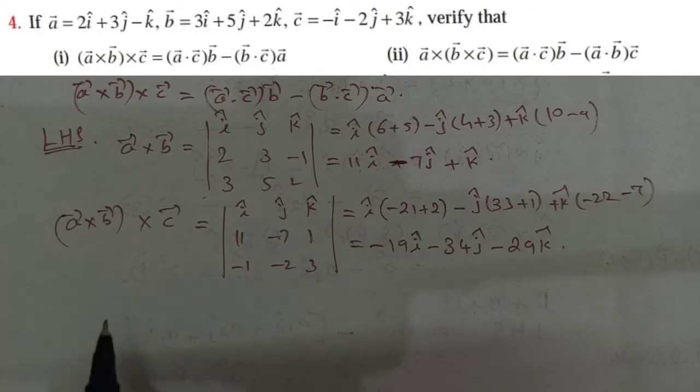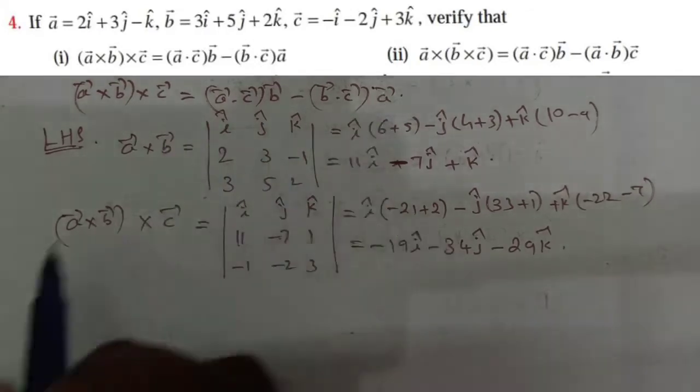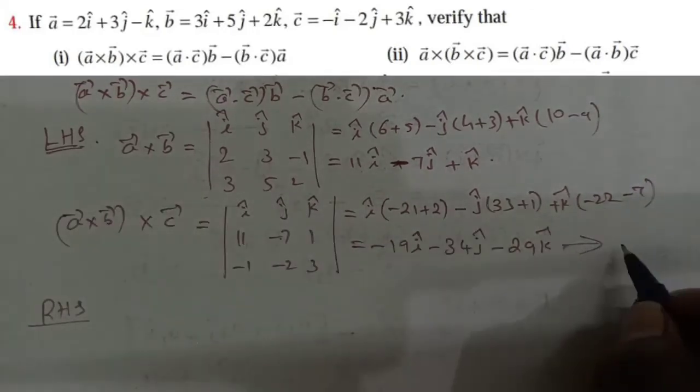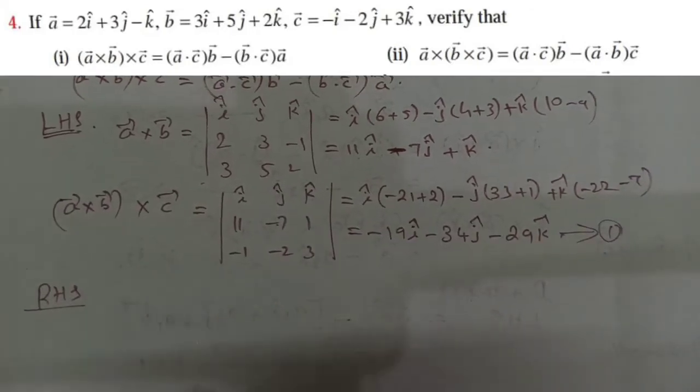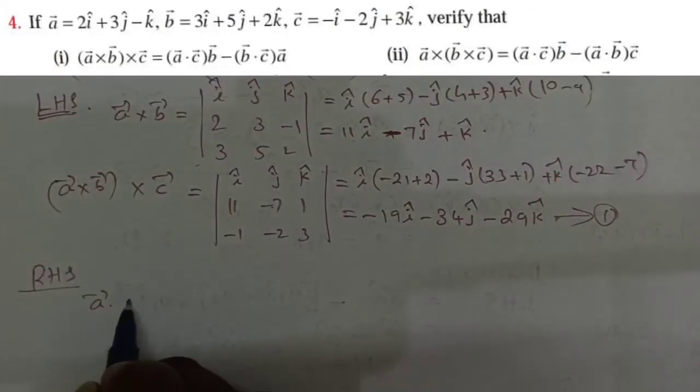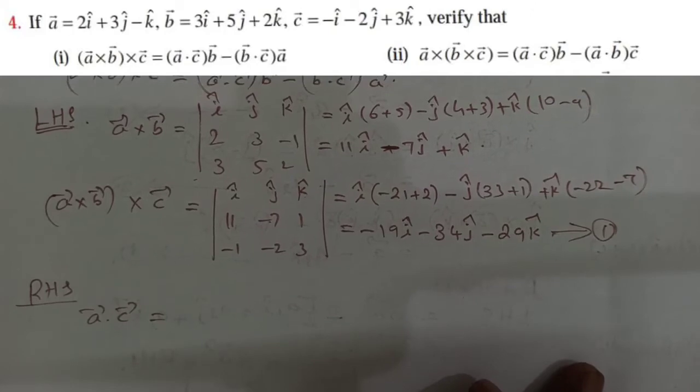Okay, so next let me find the RHS, right hand side. So for RHS, let's take the LHS in equation 1, and for RHS first we have to find A vector dot C vector. What is the value of A vector?